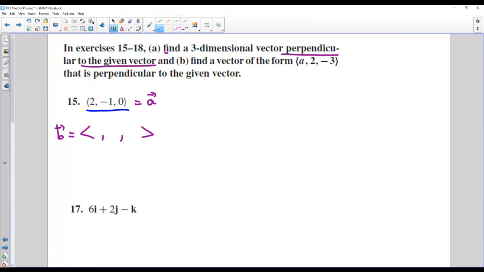I want a vector B, which will be perpendicular to A. Perpendicular means, from your mind, you give me an example of a vector B, which will be perpendicular or orthogonal, by the way, same thing. Please remember this. Perpendicular and orthogonal are exactly the same word. They mean the same thing, that the angles are 90.